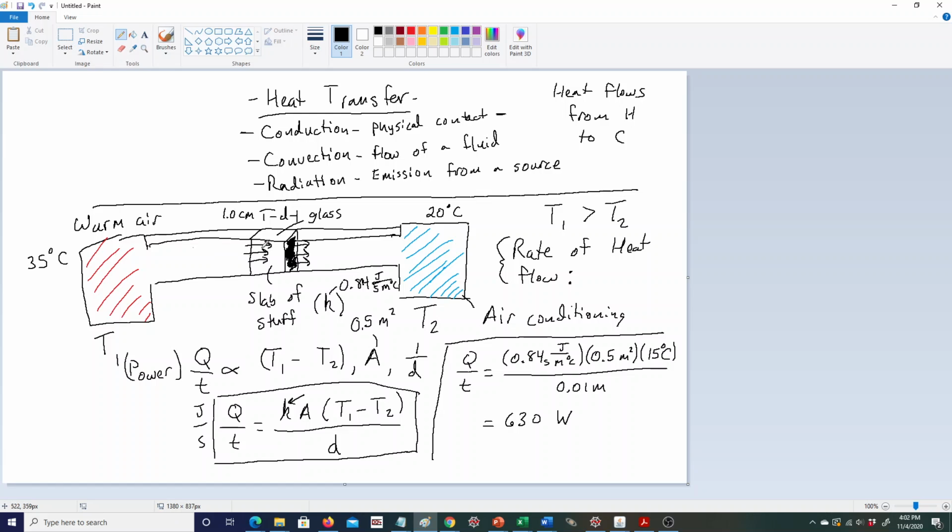So conduction occurs when two things are in physical contact with each other, right? This is the example of when your spoon is immersed in a hot cup of coffee or hot chocolate. If your spoon is completely metal, then the spoon will get warm and it might be hot to the touch. This is because the spoon is in direct physical contact with the fluid, the hot chocolate or the coffee.